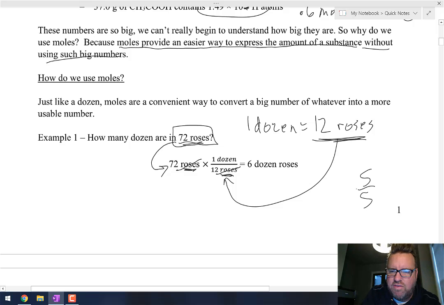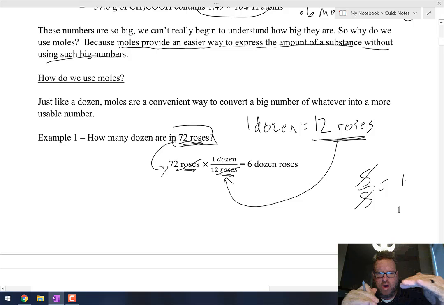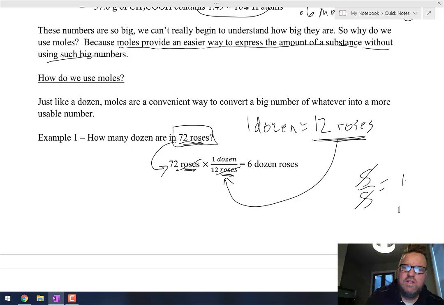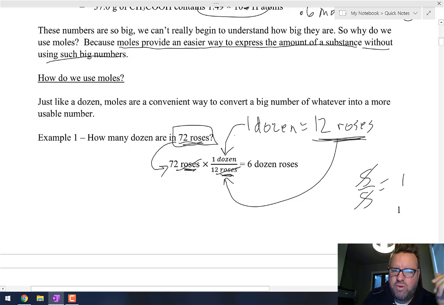Just like 5 over 5 cancels and it equals 1, roses over roses, when you have the same units on the top and on the bottom, they also cancel. So we put 12 roses on the bottom so that roses will cancel. And then on the top, we put what 12 roses are equal to, which is 1 dozen.